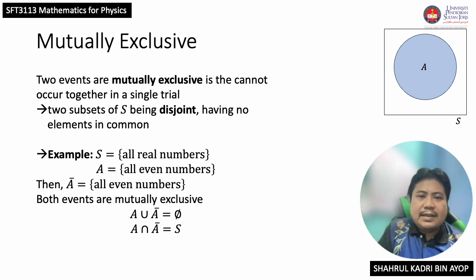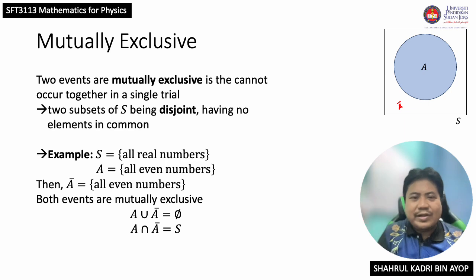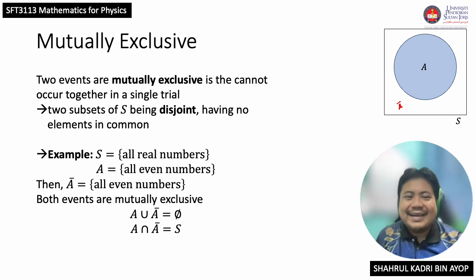For example, here you have a single sample space. You have an event A, and other than event A is called not A, or the complement of A. So anything not in A will be in A bar. Alright, so for example, if the sample space contains all real numbers in the world.